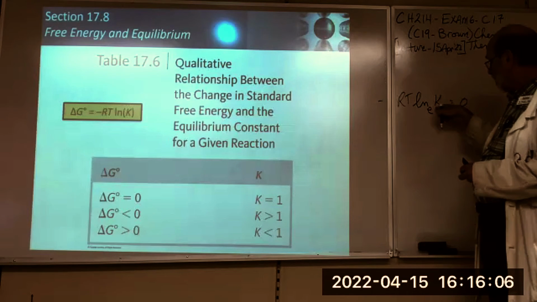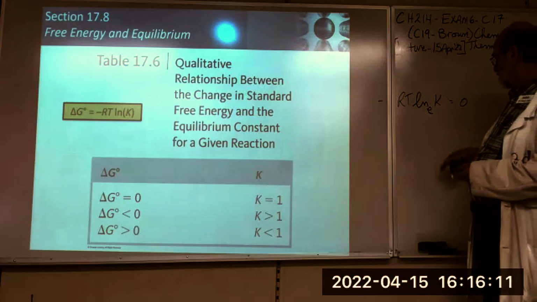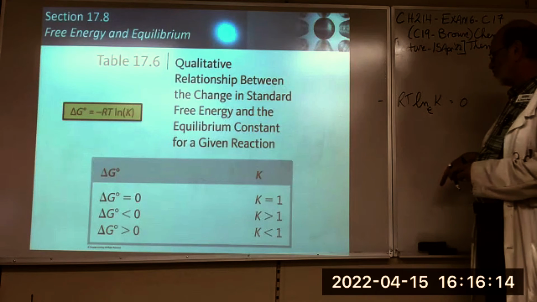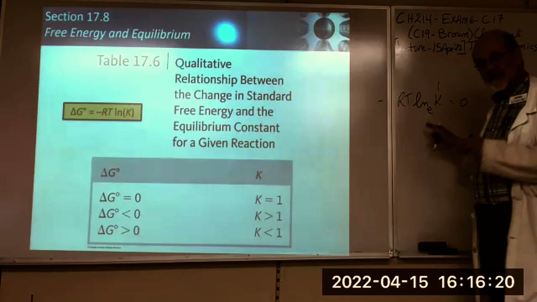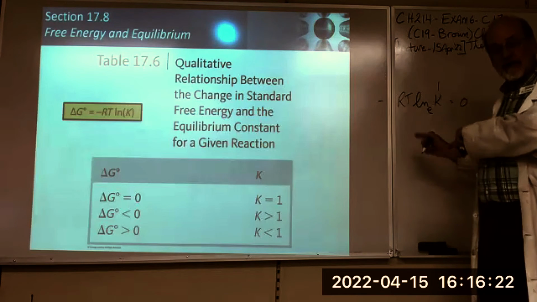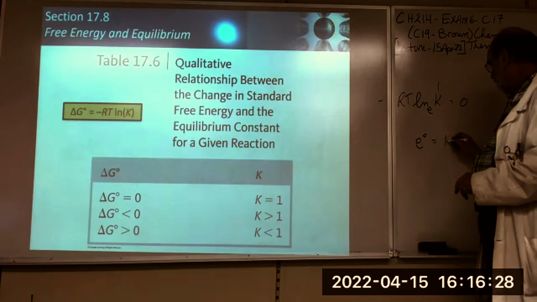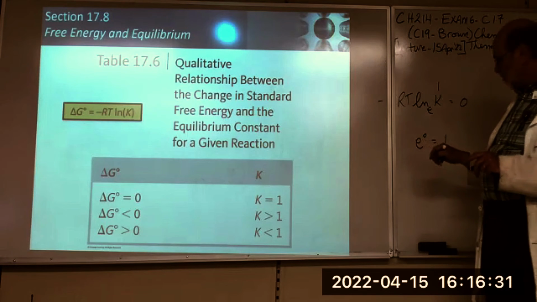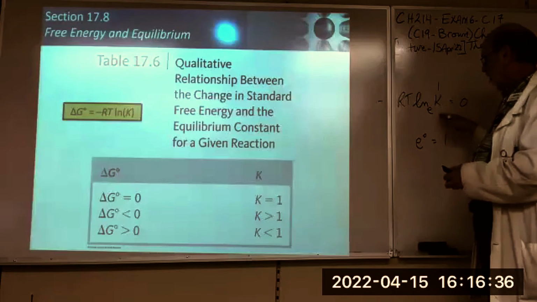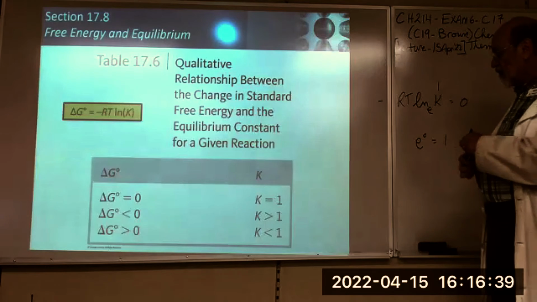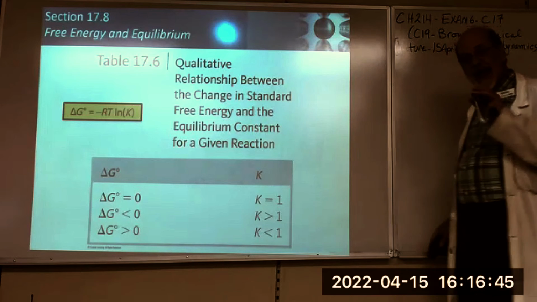It's when this value is equal to 0. And that means K has to be equal to 1. Why? Because what's the power of e that makes K 1? e to the 0 power equals 1. It's the logarithmic function, so that only occurs when K is equal to 1. So if K is equal to 1, then delta G is 0 and you're at equilibrium.